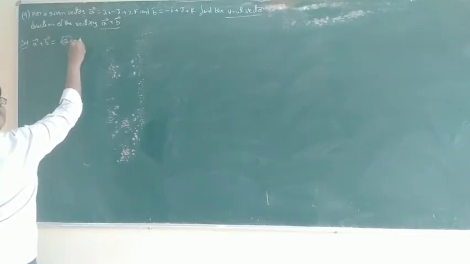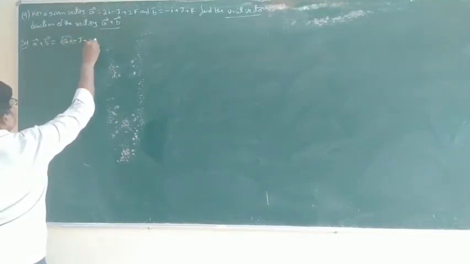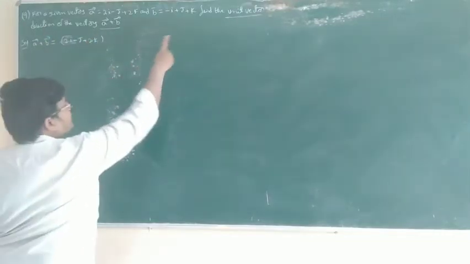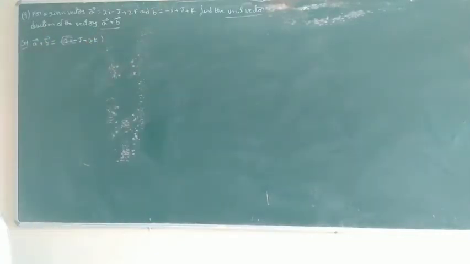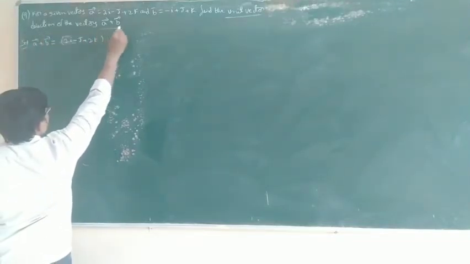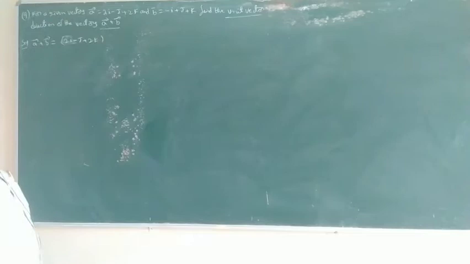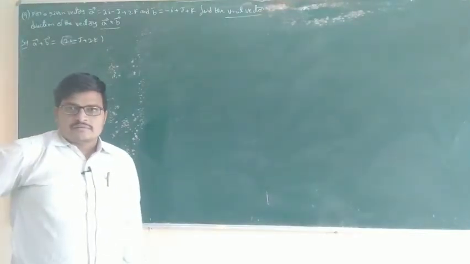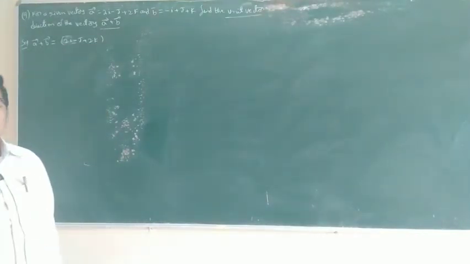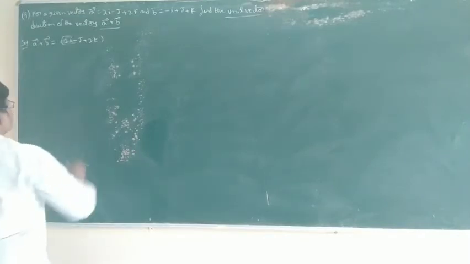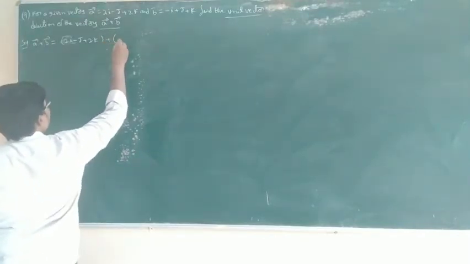What is a bar? 2i minus j plus 2k. For given vectors a bar and b bar, find the unit vector in the direction of the vector a bar plus b bar. So first we have to find a bar plus b bar.